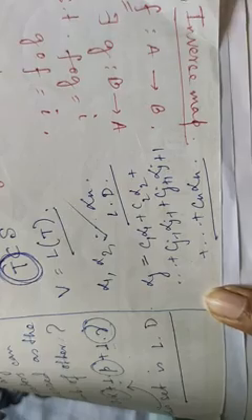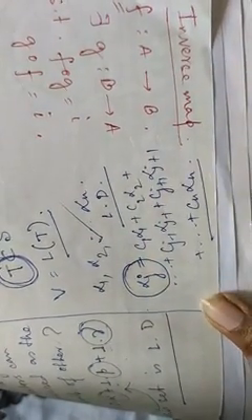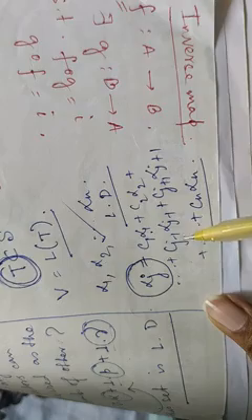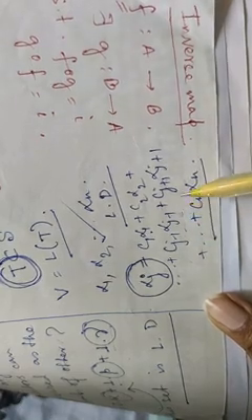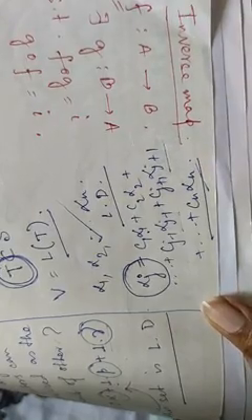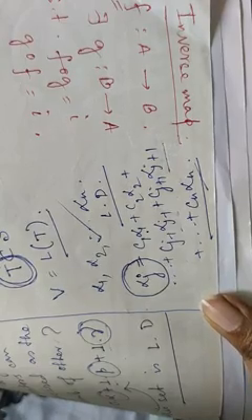Now we can omit this alpha j from the set. Then the remaining set will be alpha 1, alpha 2, up to alpha (j minus 1), alpha (j plus 1), up to alpha n. This set will be our required T, and this will also span V.